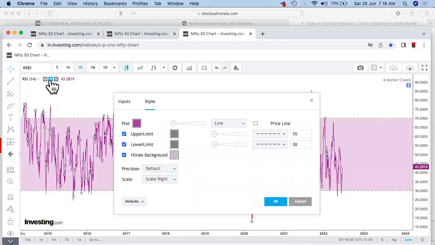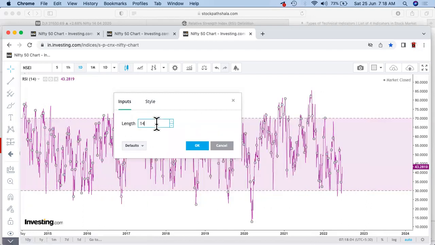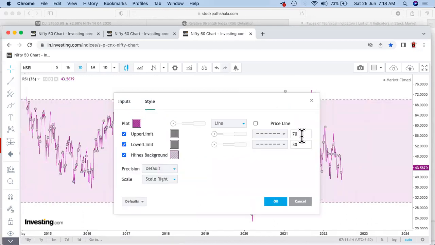So what we do is, first of all, we change RSI to 36. The main reason behind 36 is if you are a long-term player, it gives more stability to you. So if it is 36, you change this to 64 and the lower limit is 36.